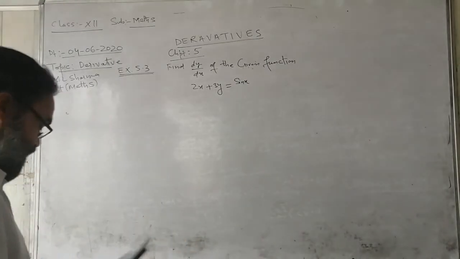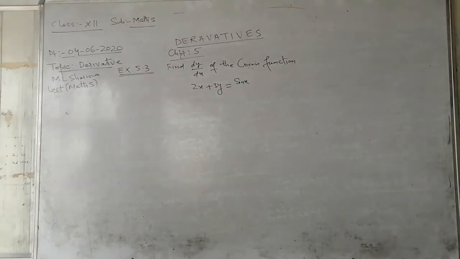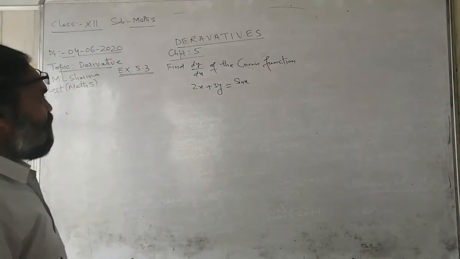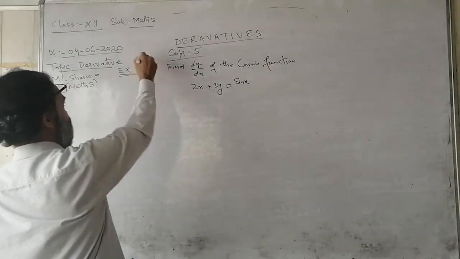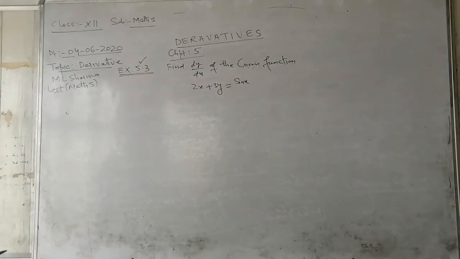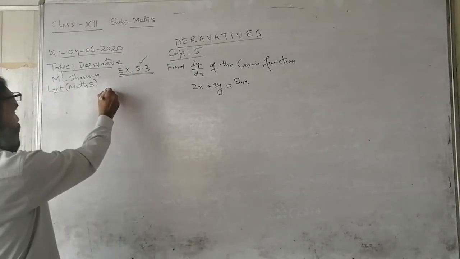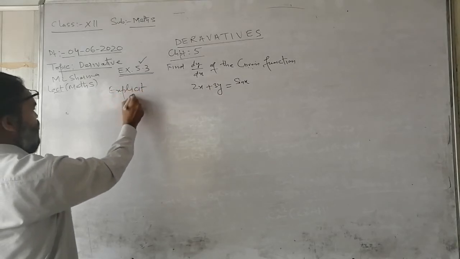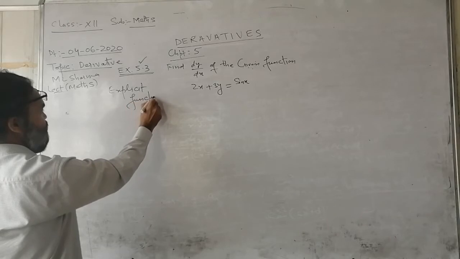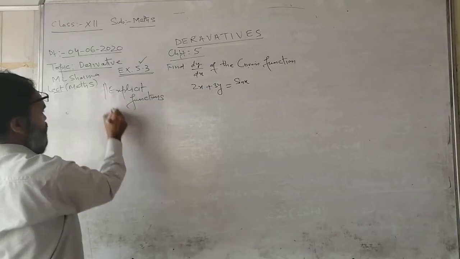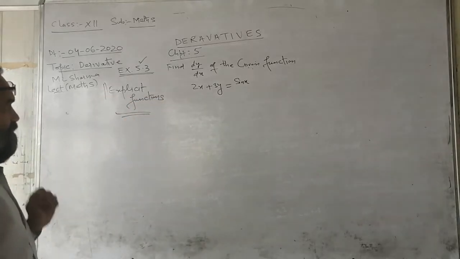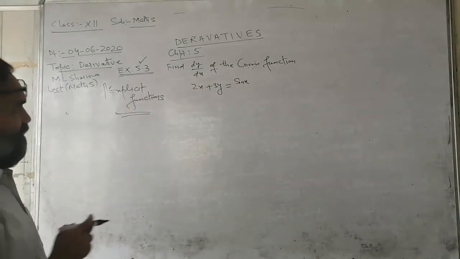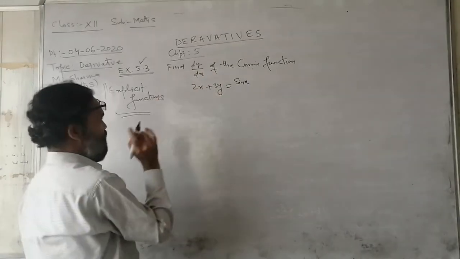We have to find dy upon dx for this function. This type of function, whose questions we will solve, is called an explicit function. So we have to find dy upon dx, that is the derivative of this explicit function.